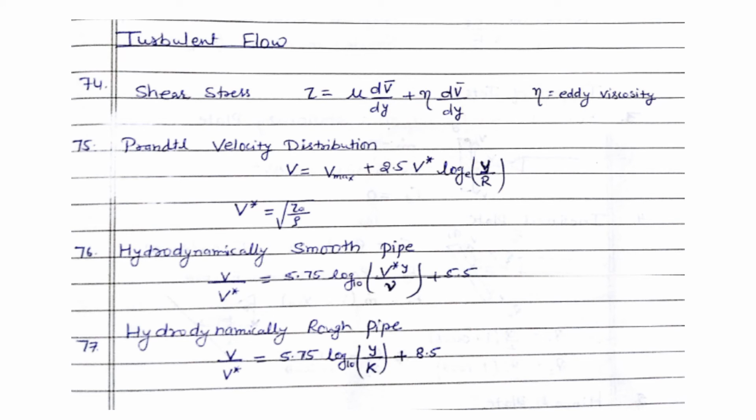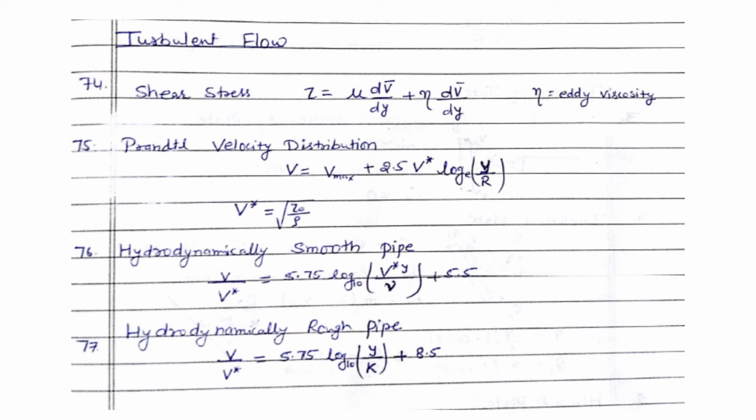Now the turbulent flow. In turbulent flow the shear stress is τ = μ dV̄/dy + η dV̄/dy, where η is the eddy viscosity. Now the determination of this eddy viscosity is very difficult.